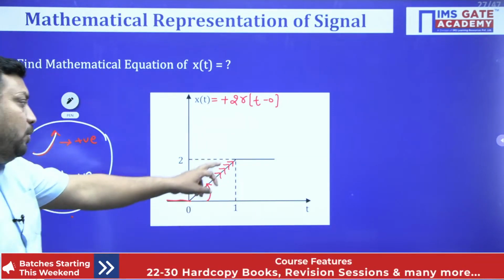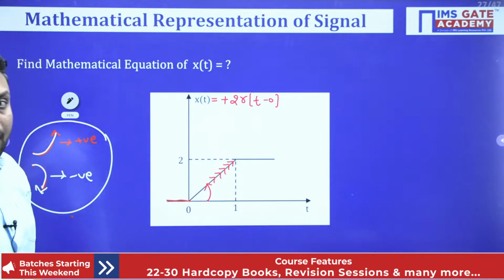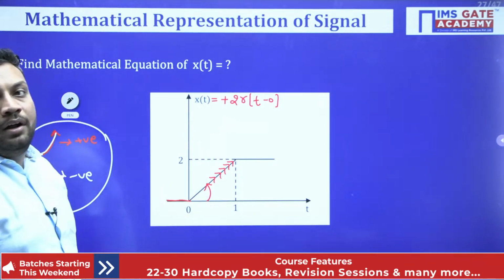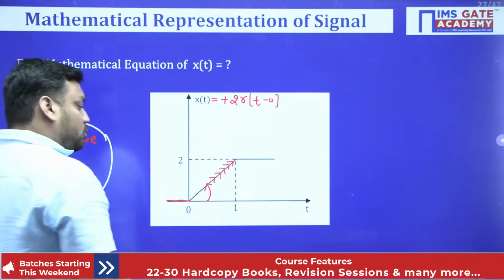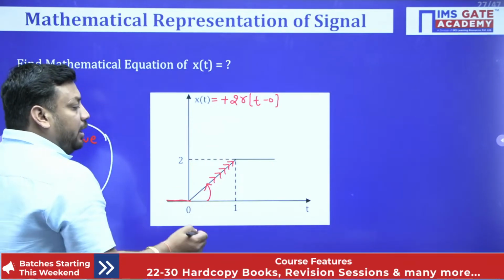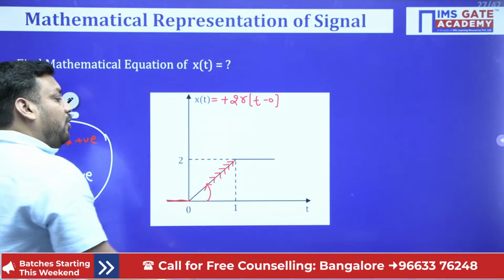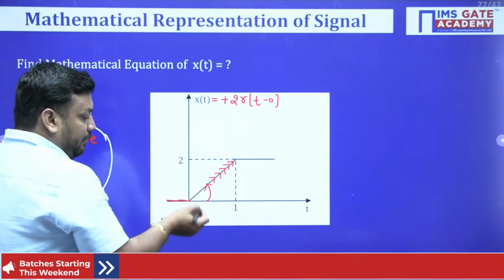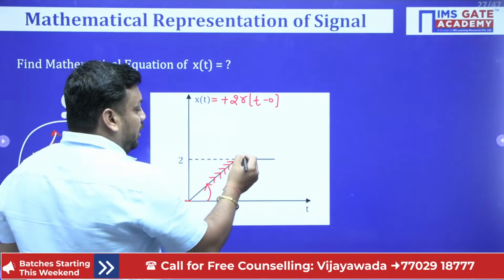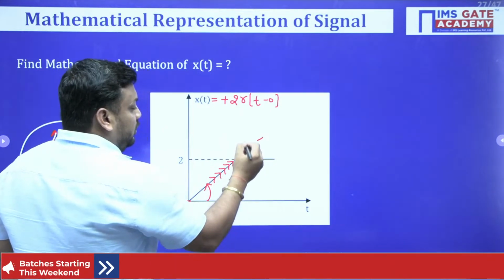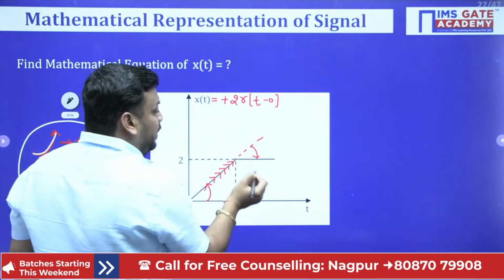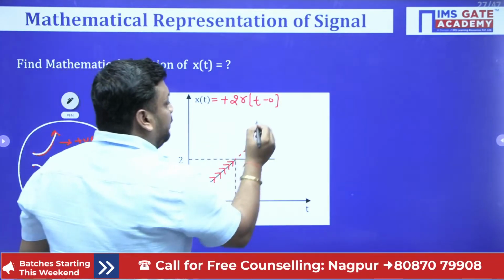Now till this point I have already written the equation, but exactly at t equal to 1 there will be a change in slope. So whatever ramp slope you have added here, the nature of the signal is no more ramp, and now it's time to compensate. Here is the downward sign. To follow the black line, you have to come downward. Downward means minus sign.